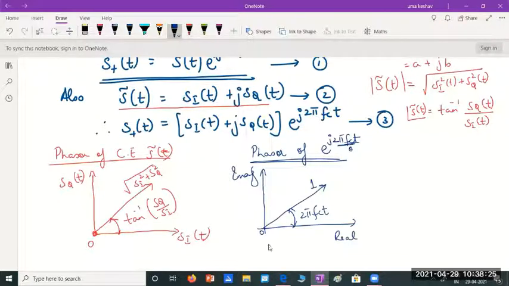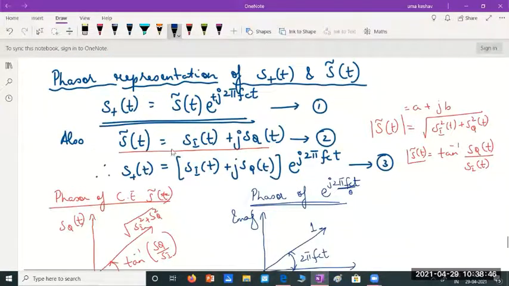So whenever I draw the phasor for e power j theta, it is a straight line of length 1 making an angle 2 pi fct with the real axis. Is this clear? So we have written the two parts of equation 1 as phasors.